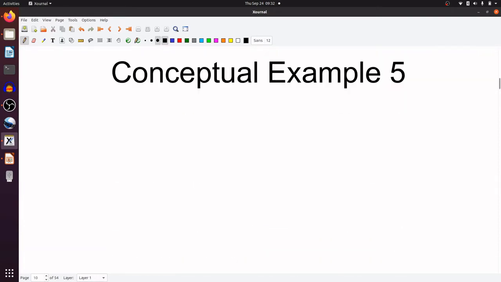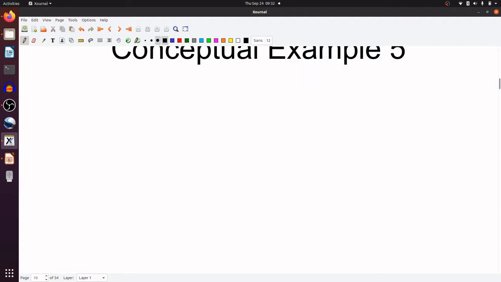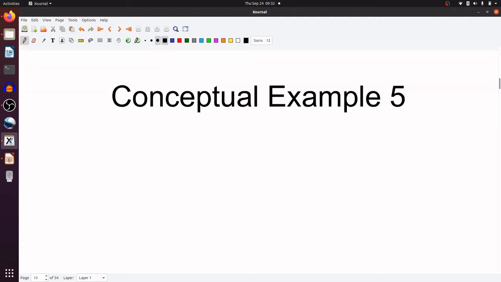Alright, so there's a conceptual example 5, and let me draw a picture here. Basically, let's say we have a spring, 1, 2, 3, 4, 5, 6, 7, 8, 9, 10, and we have a mass attached to said spring. Okay, so there are 10 coils, sorry.